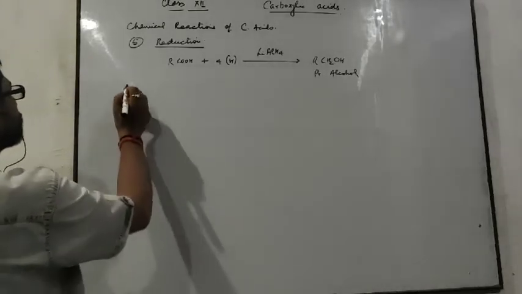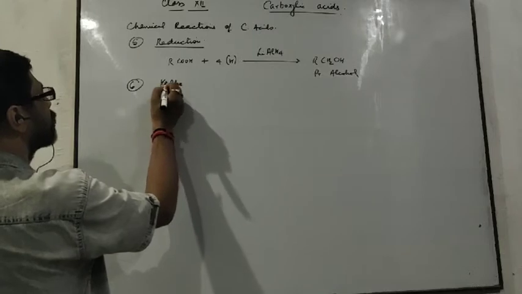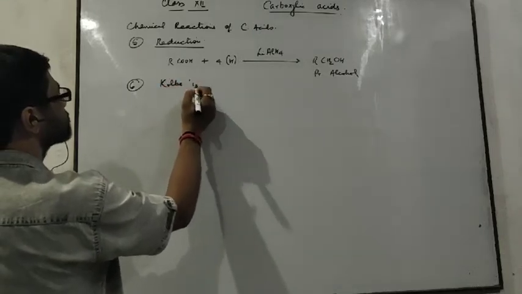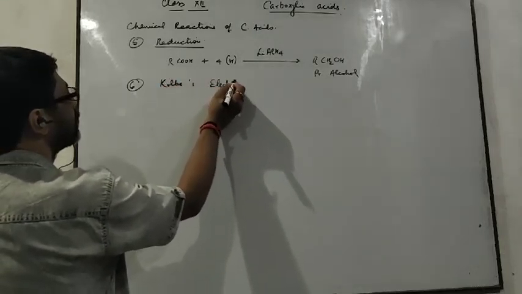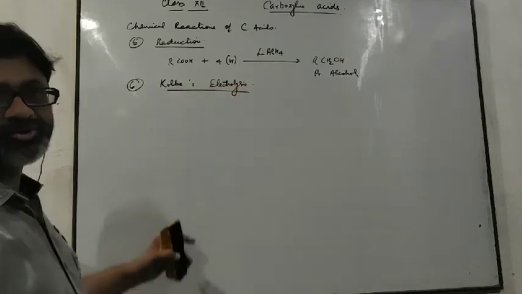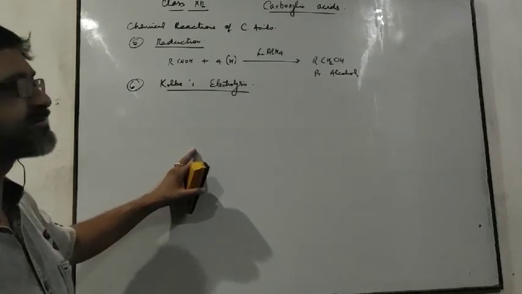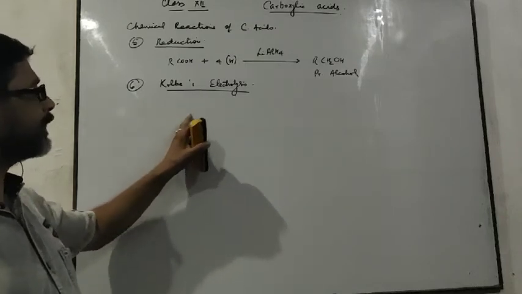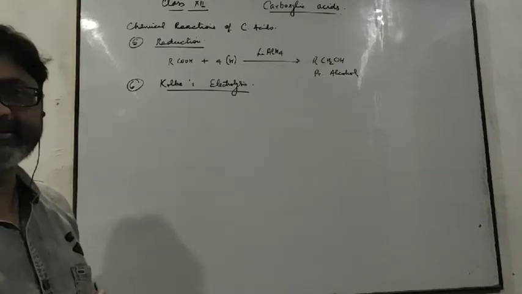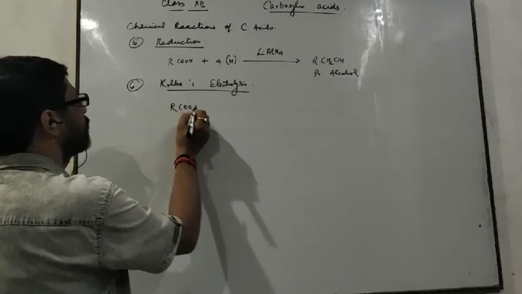Now I am going to explain another property, Kolbe's electrolysis. This is the reaction shown by sodium salts of carboxylic acids. And in this reaction, alkanes are the main product. RCOONa.